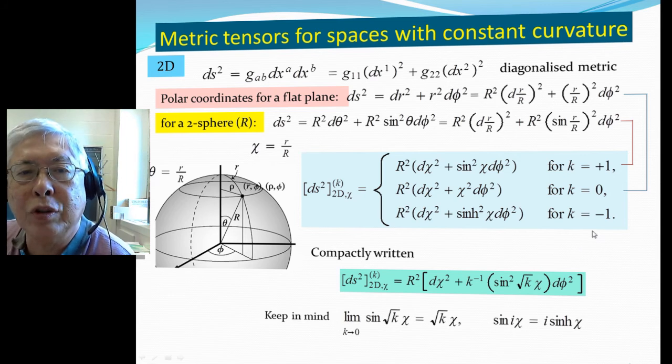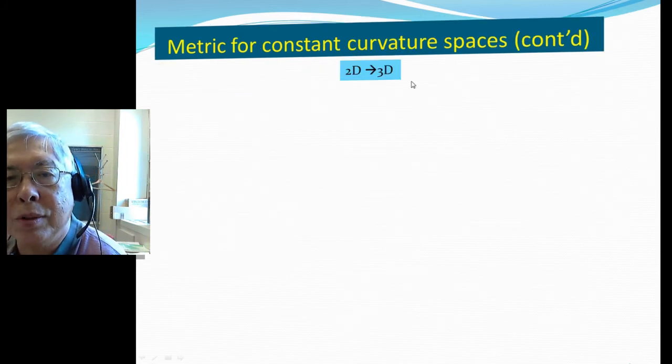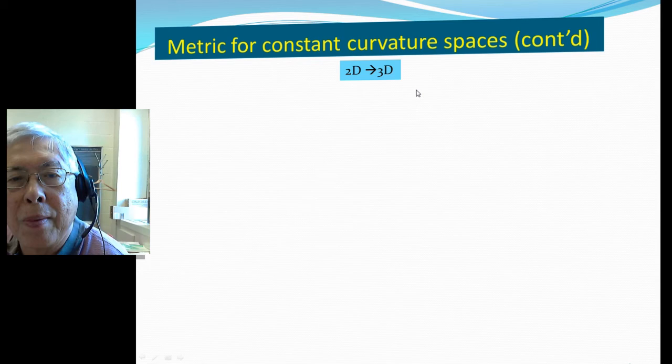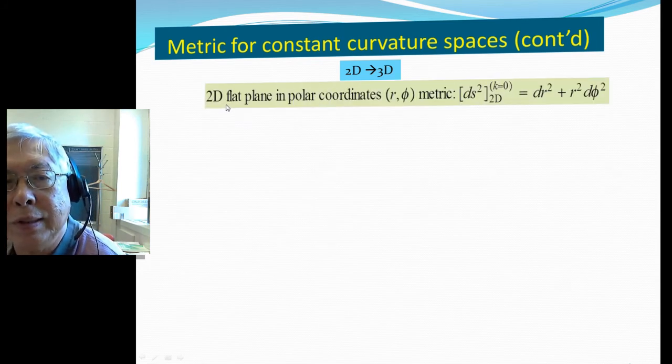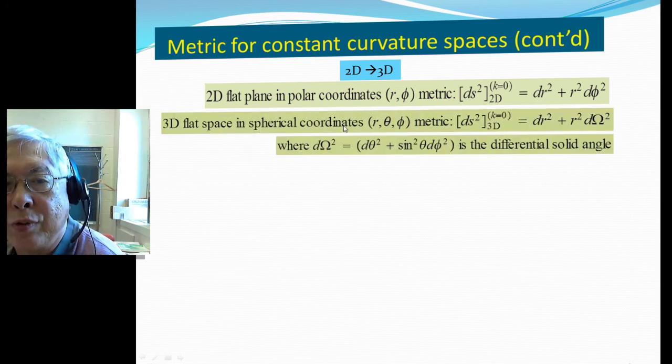Now that's for the 2D surface. What about the 3D surface? Let's remember for the 2D flat plane in polar coordinates r, phi, the metric is this, which was written down in the last slides already. Now compare that to 3D flat space in spherical coordinates r, theta.